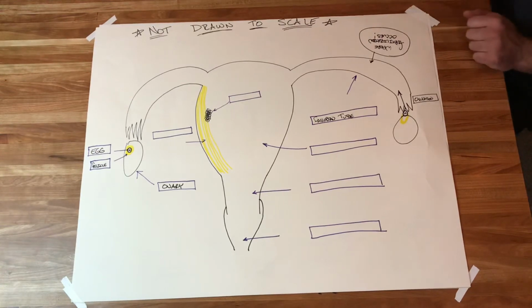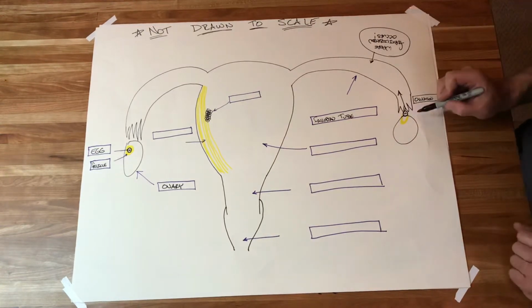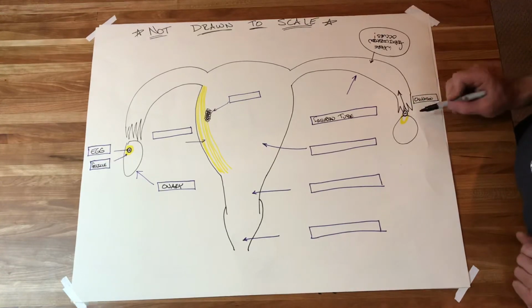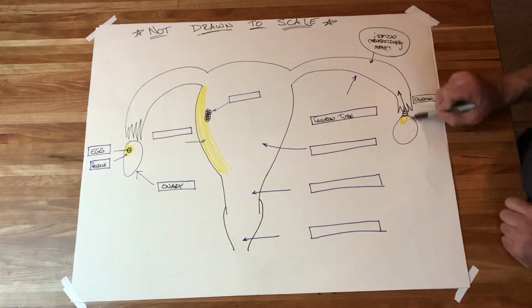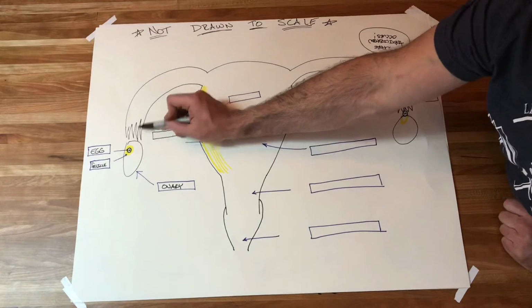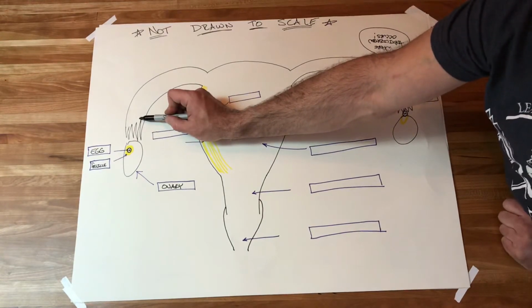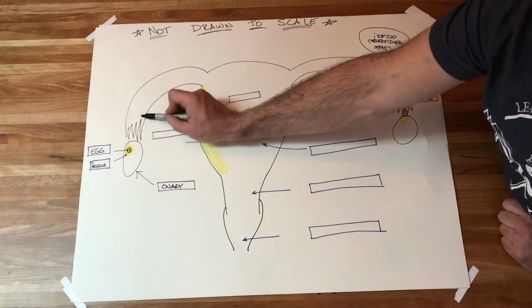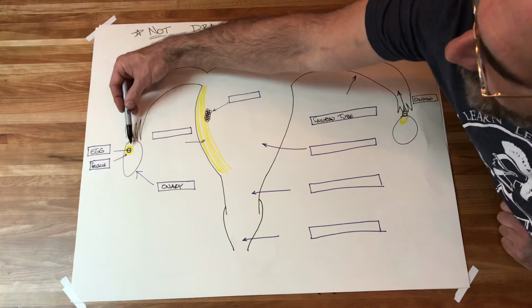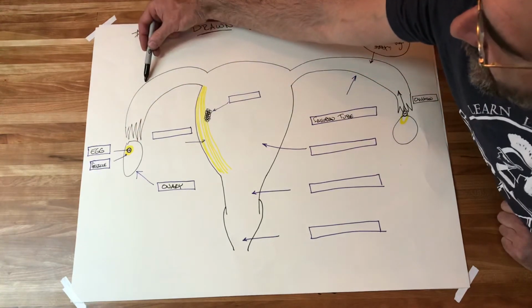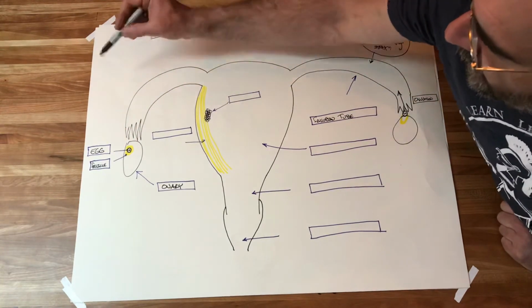One other thing to note is that you may have heard of ectopic pregnancies. What happens is, as you can see, there's a gap in between the fallopian tube, or oviduct, as it's sometimes called. And what can happen is the egg can make it to the outside and get stuck here.